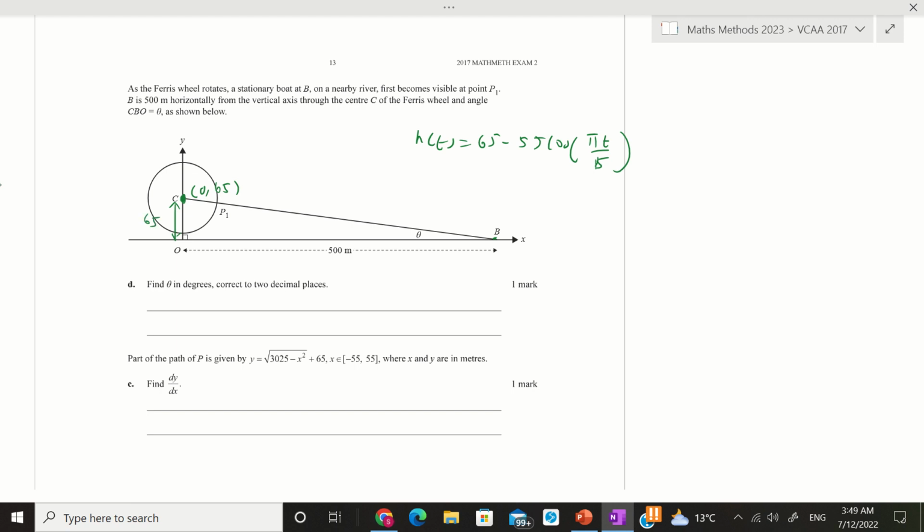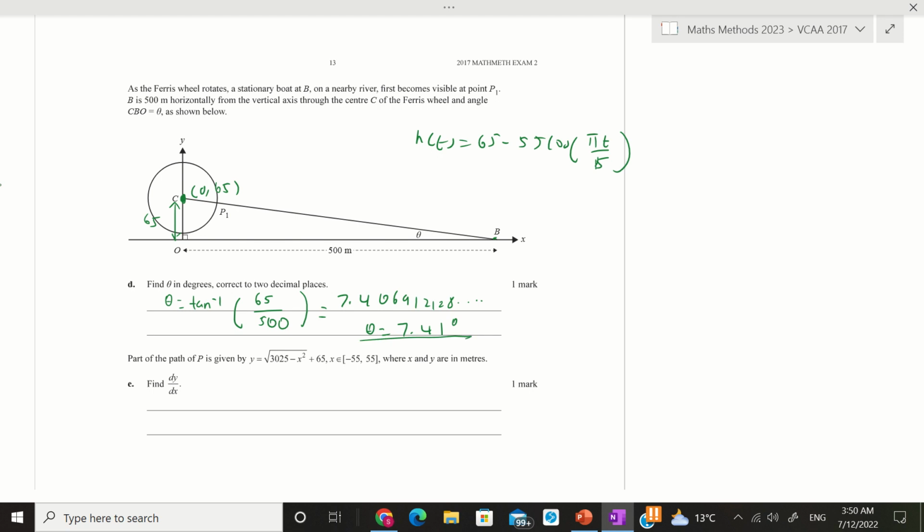So we have the opposite side and we have the adjacent side. So we can use our tan inverse function in order to find theta. Theta will be tan inverse of the opposite over the adjacent side, so 65 over 500. And you'll end up with something that looks like 7.406912128 and so on. All you have to do is find it correct to two decimal places, so I just have to round this to two decimal places. Hence, theta is equal to 7.41 degrees.